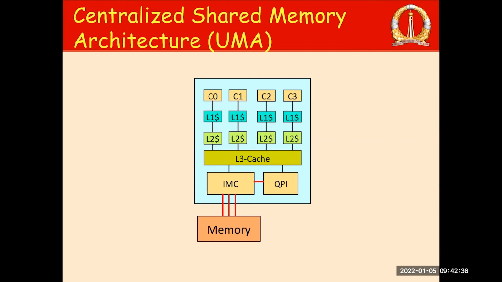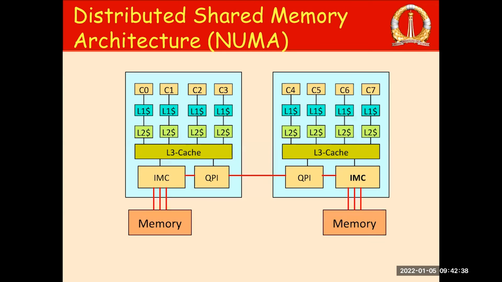Now let's look at another architecture in which my server board has 2 sockets instead of 1. In this case, each of these sockets will have its own memory controller and attached memory. All of these cores can access this memory by just going through the L3 cache and the memory controller.